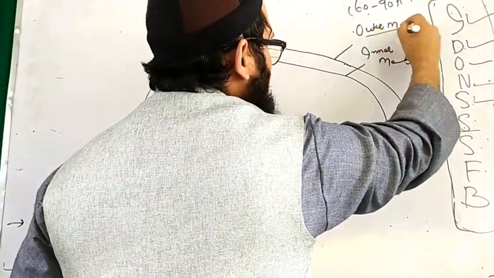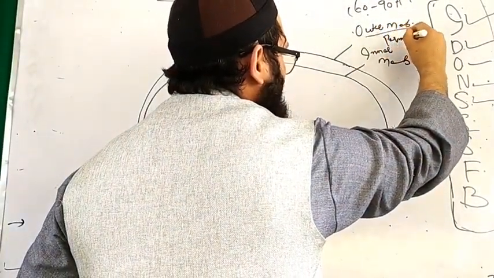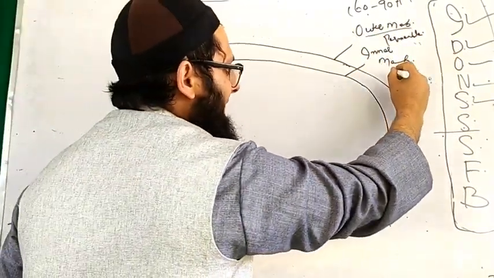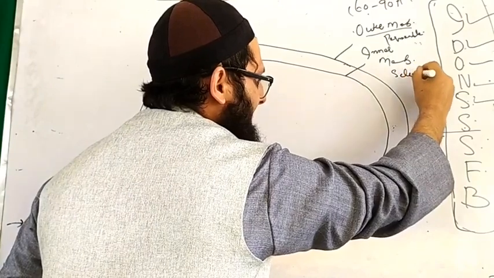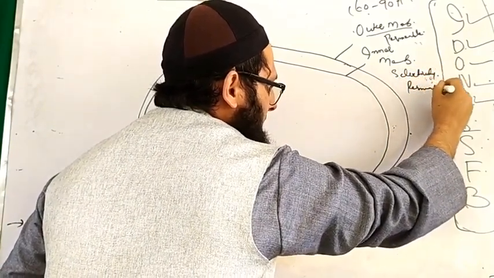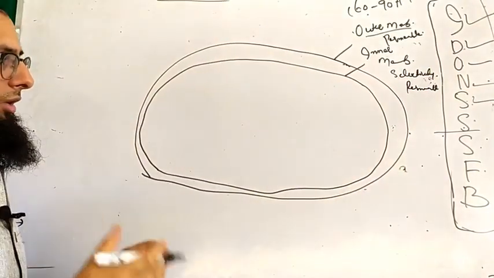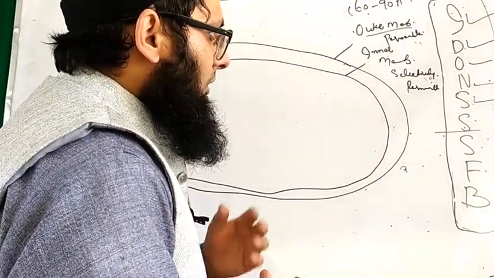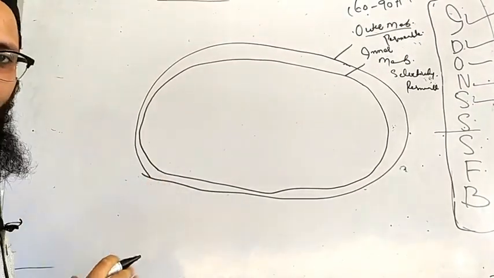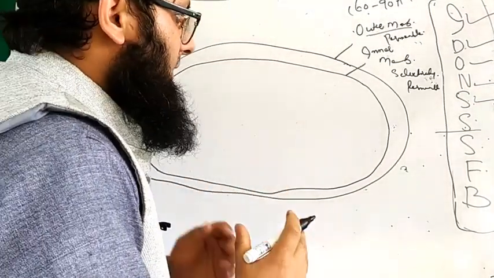This outer membrane is permeable, as you saw in the case of mitochondria, whereas the inner membrane is selectively permeable. Selectively, that means it does not allow every Tom, Dick and Harry to pass through, but it selects which are to be allowed and which are not.